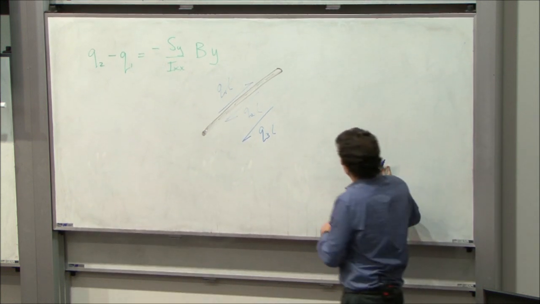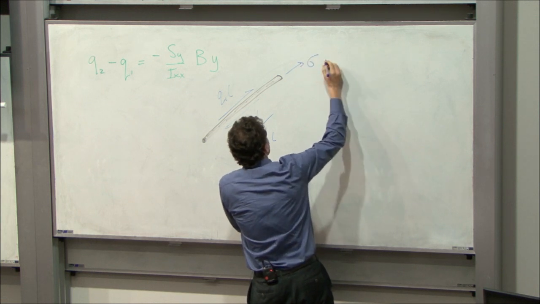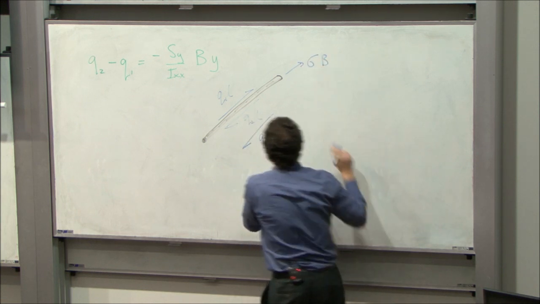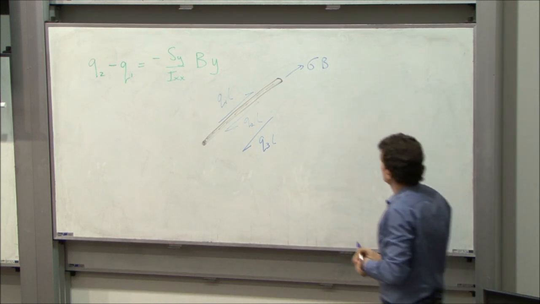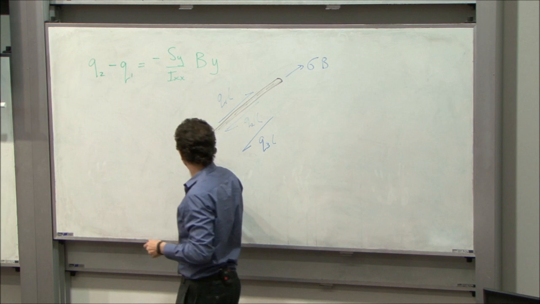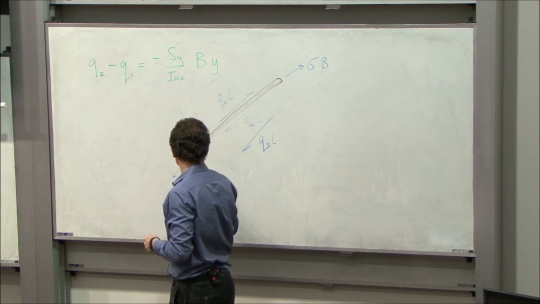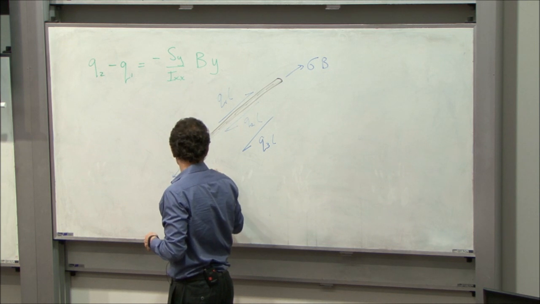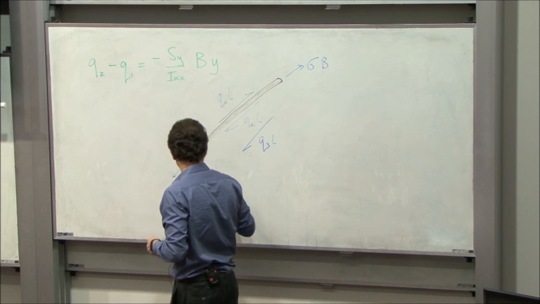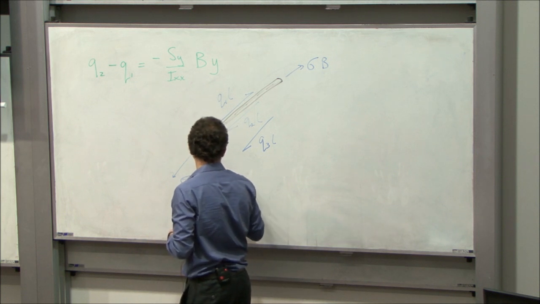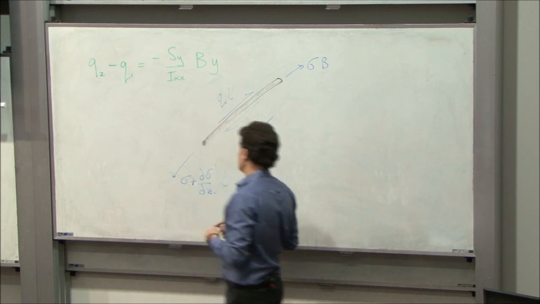And on one end of the boom, we've got sigma B, because we've got a stress times an area, gives us the force. And on the other end of the boom, we've got sigma plus d sigma dz, or okay.